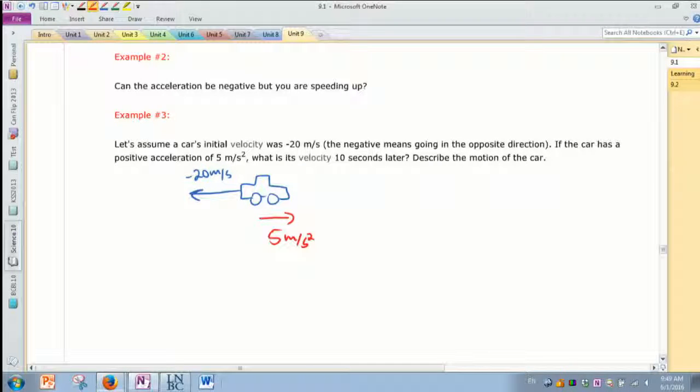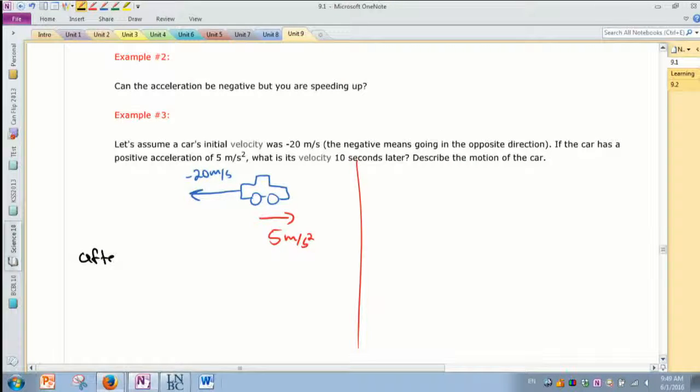So, okay, let's think of this. We're going to do this kind of two ways. If my car was initially going at negative 20 and 1 second passed, painfully difficult to read that.